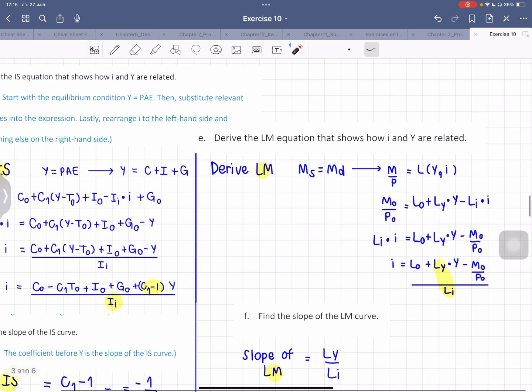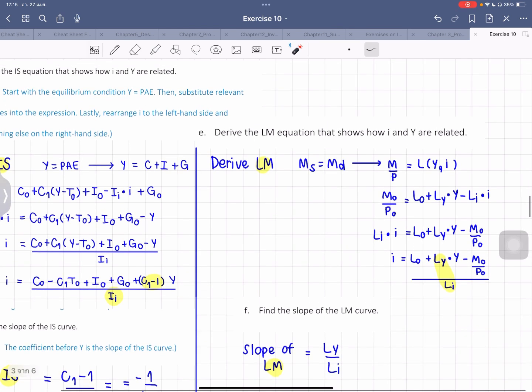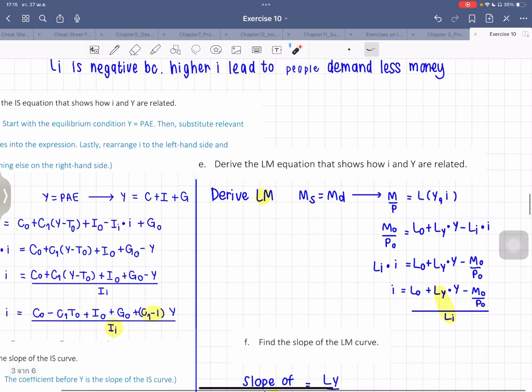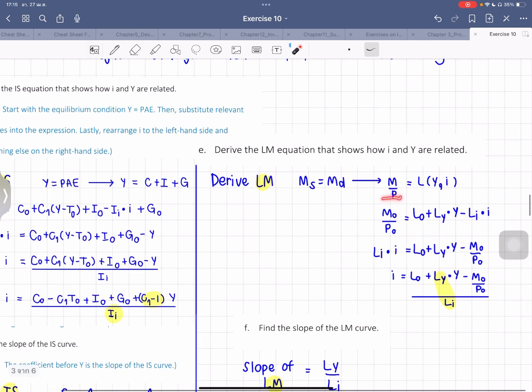So next, derive the LM curve, the LM equation that shows how I and Y are related. So first, when deriving the LM, you would like to use the money supply curve equal to the money demand curve, which is M divided by P equal to the L equation.